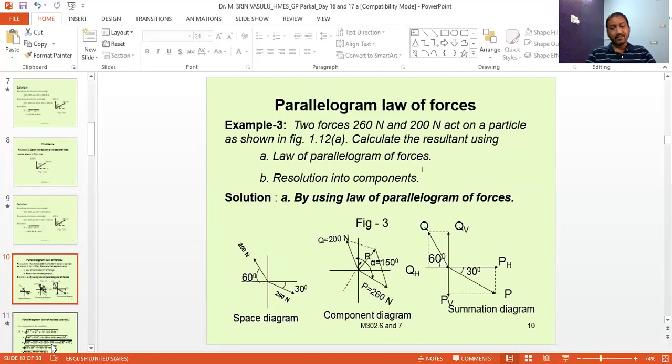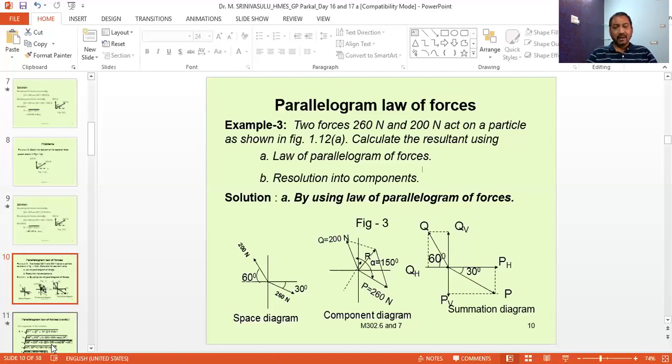So now we are writing the solution. First we take case A, by using law of parallelogram of forces.